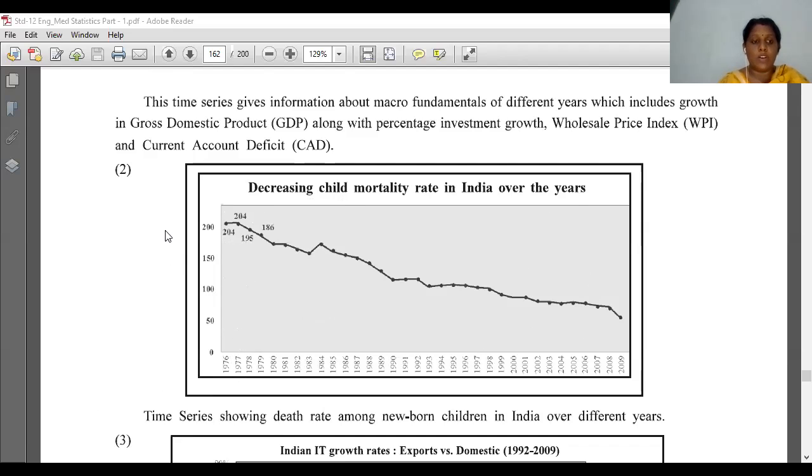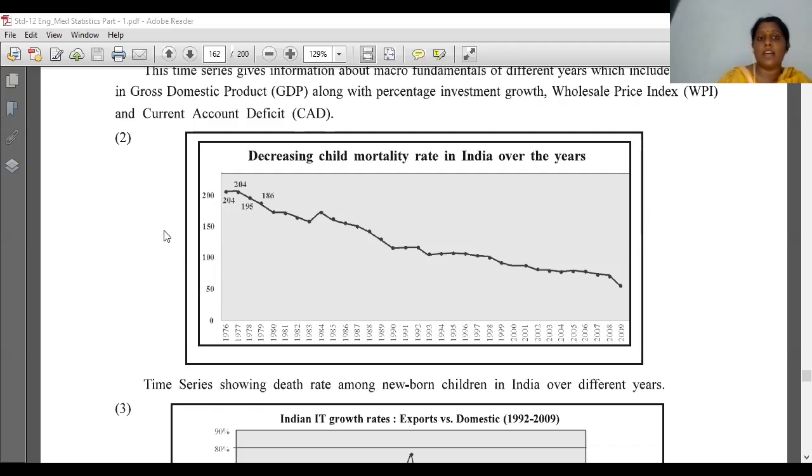So from these examples, what they are going to explain is that we are calculating these things on a year basis. This much mortality rate in this year, this much in that year, like this they are showing in which time period how much mortality rate happened.